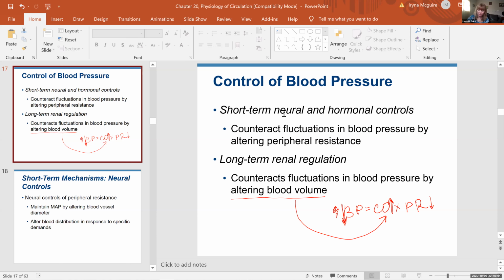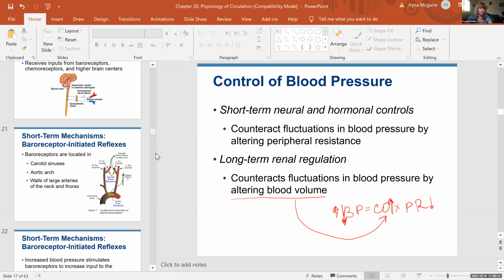If it's neural control, it can be baroreceptor-initiated or chemoreceptor-initiated. Hormonal control, your endocrine system releases different hormones that either help you to raise or lower blood pressure. Now we are in long-term renal regulation, and it can be direct regulation or indirect regulation.